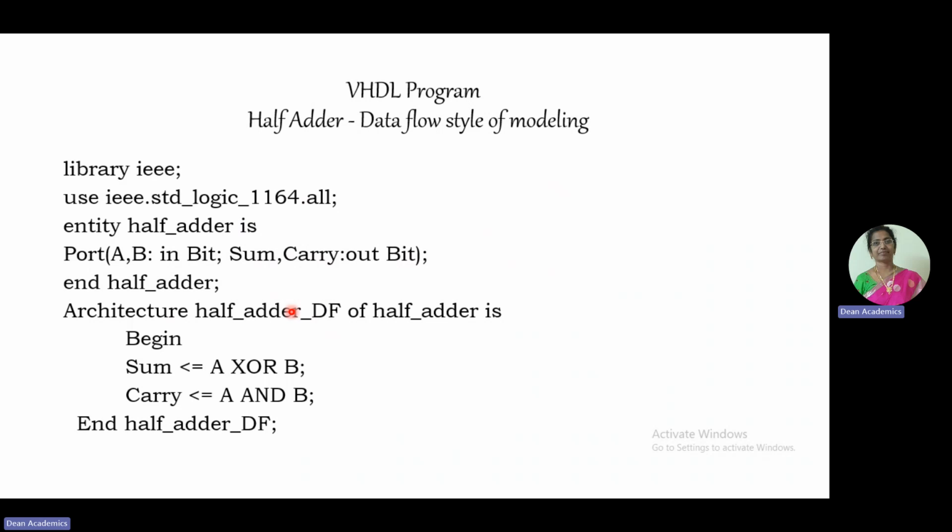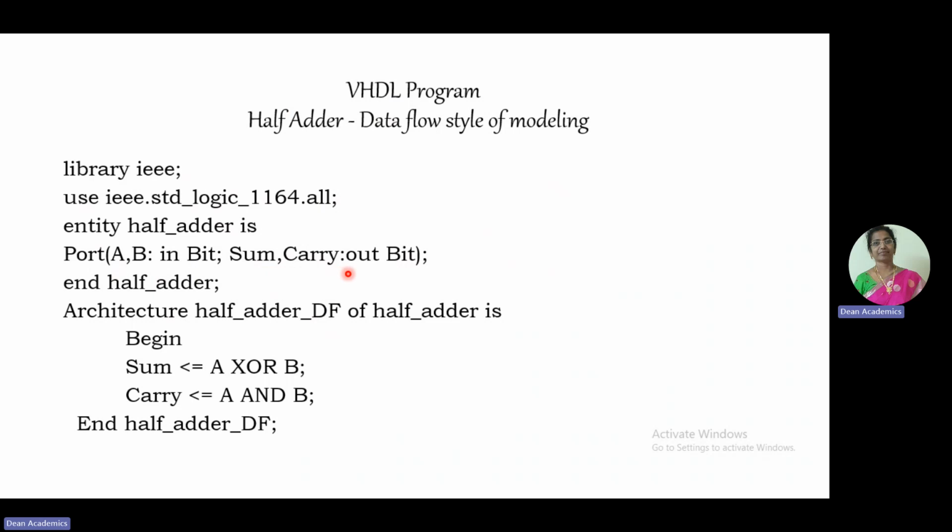So this is the way we write a library declaration, entity declaration, and architecture body. Keeping all these together, we can see a VHDL program for half adder using data flow style of modeling. That is library IEEE, use IEEE dot standard logic 1164 dot all, that is the library declaration, and entity half adder is port A comma B in bit type data.